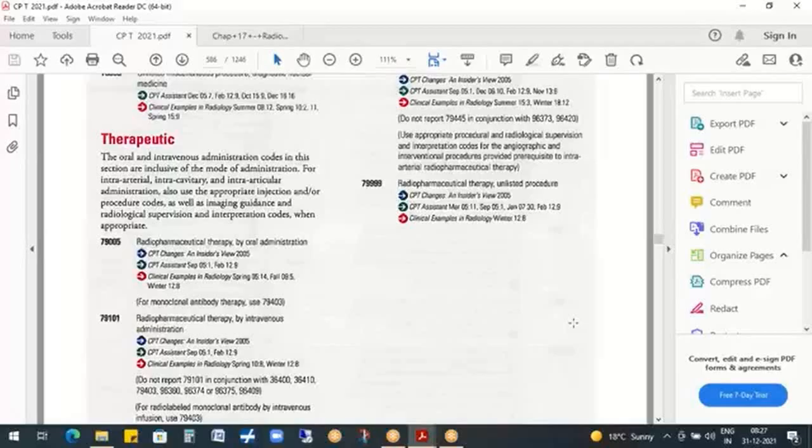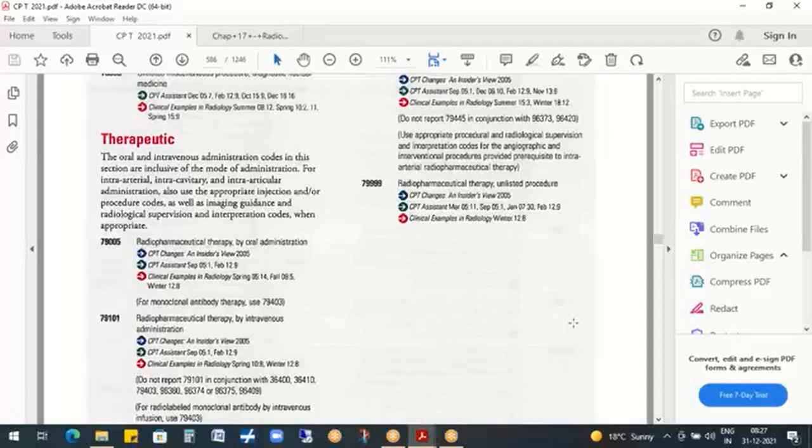The oral and intravenous administration codes in this section are inclusive of the mode of administration for the intra-arterial and intracavitary and intra-articular administration also. Use the appropriate injection and or procedure codes as well as imaging guidance and radiological supervision and interpretation codes when appropriate.